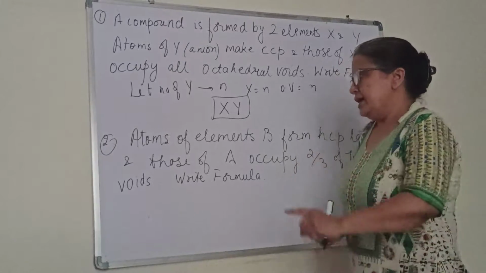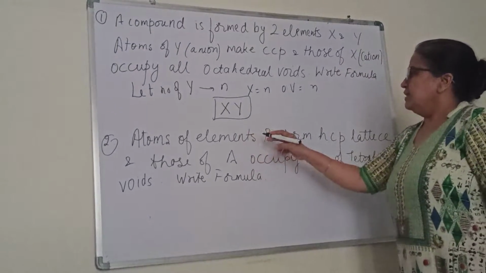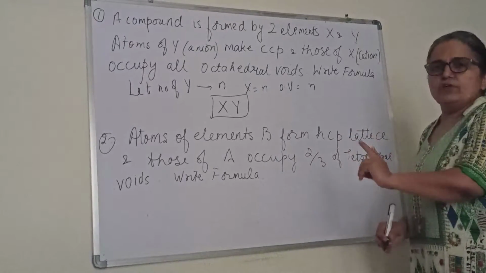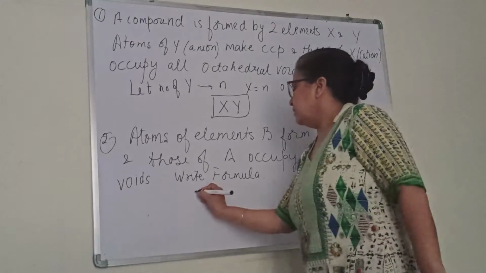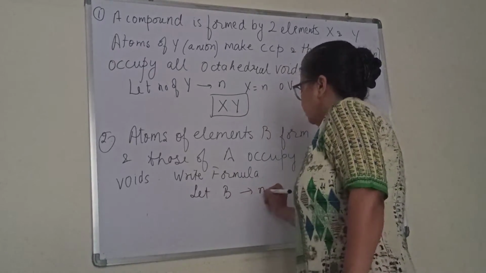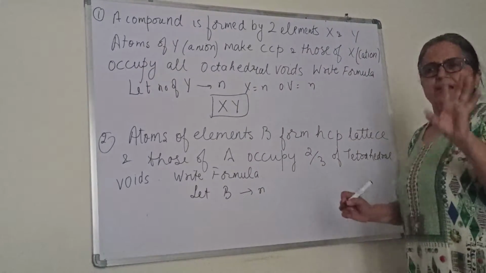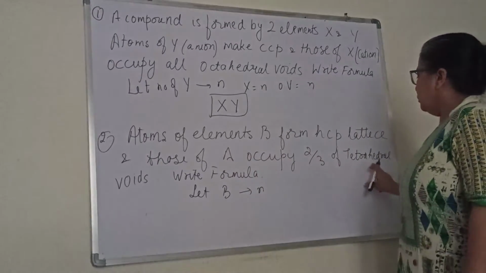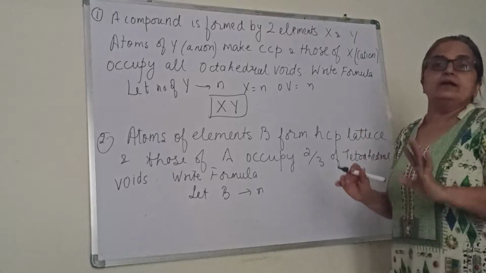Got it? Next, atoms of the element B form HCP. Now you assume B. Let the number of the B atoms be n. And those of A occupy 2/3 of tetrahedral voids.